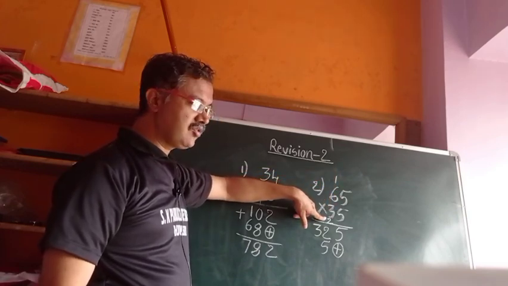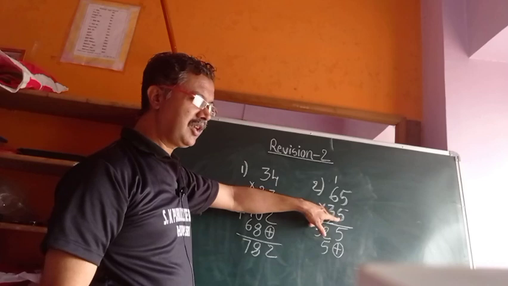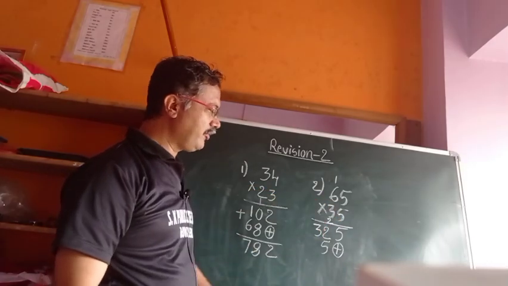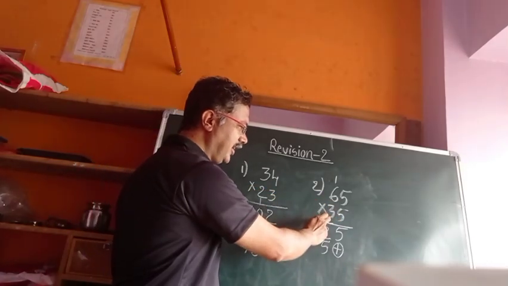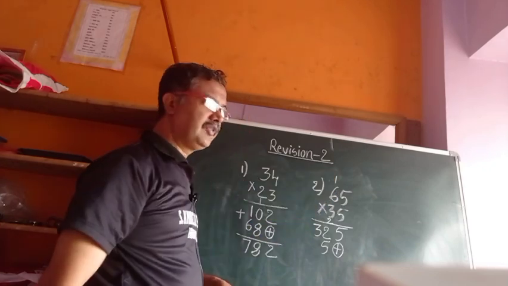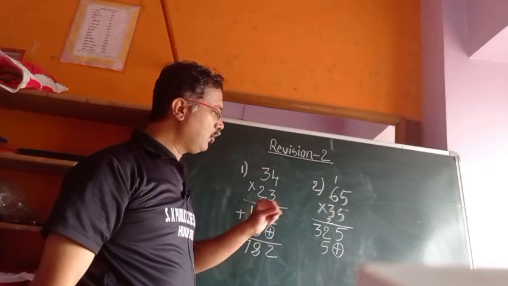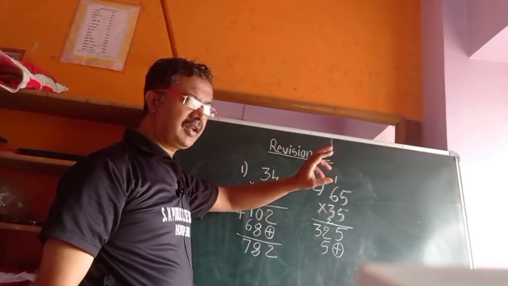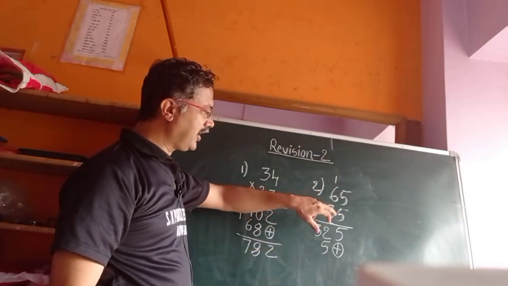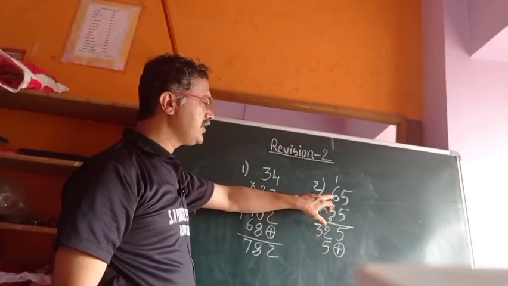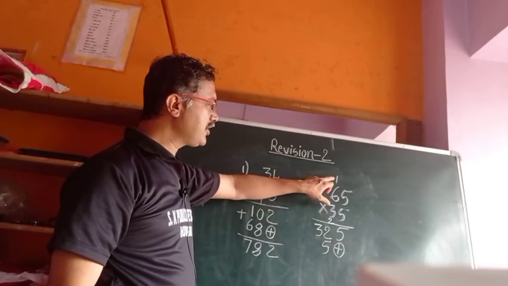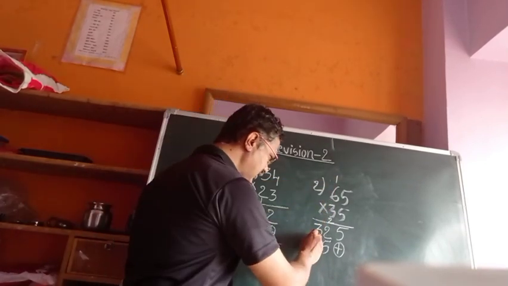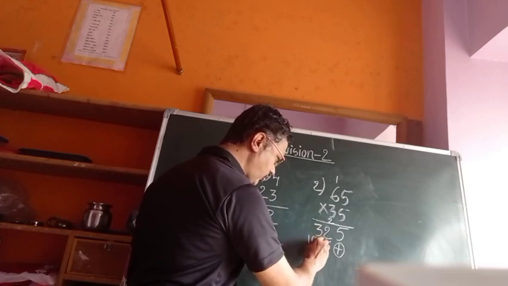Don't take it downside, because it is ones place we have taken. So we are writing one here downside and one upside. When we add the numbers, it becomes easy. Now 3 6s are 18 plus 1, 19.